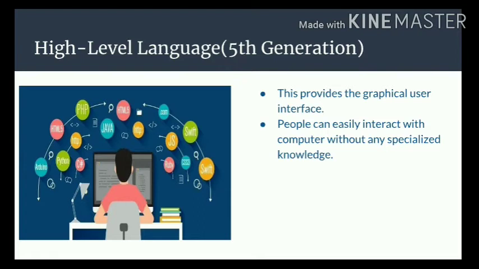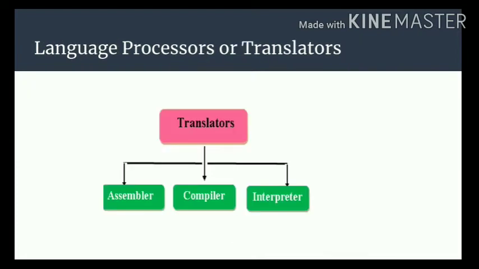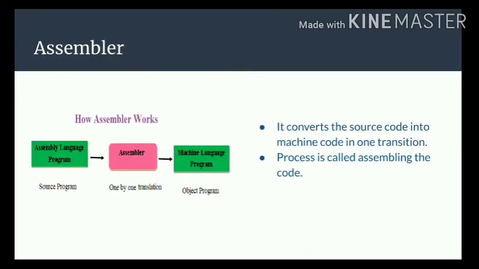Next are the translators that are used to translate the data into machine code. There are different types of translators, that is assembler, compiler and interpreter. First is the assembler. The assembler translates the whole program which is written in assembly language into machine language.